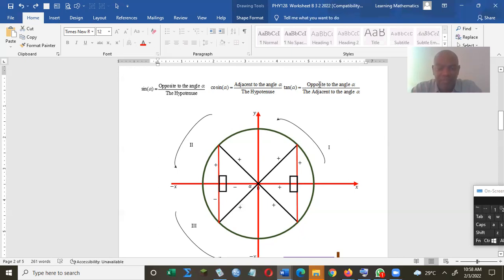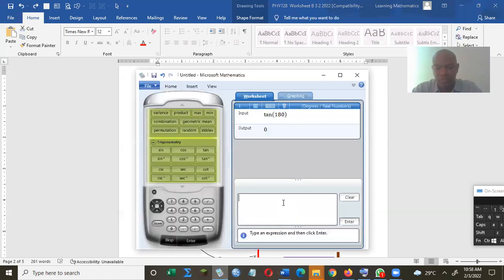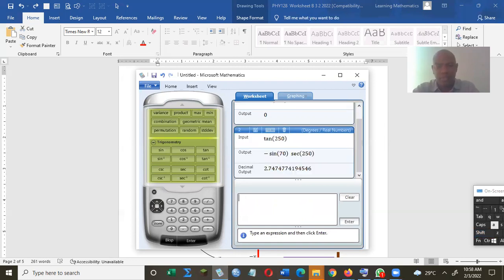But tan is positive in the third quadrant, and you can prove it. If you type tan of 250, you also get a positive number. Tan of 250 equals positive 2.74.